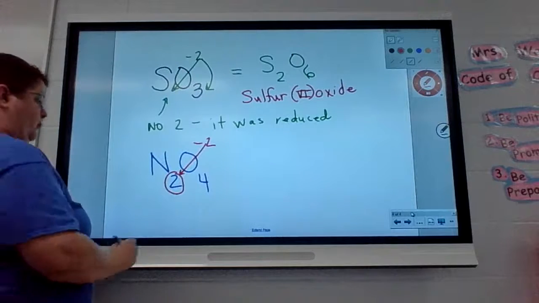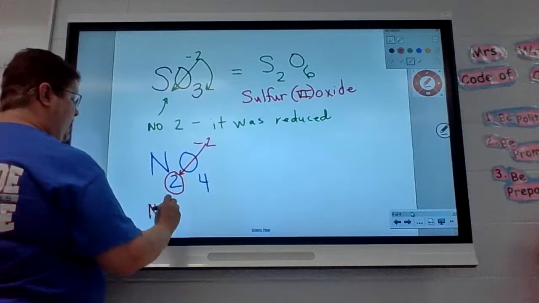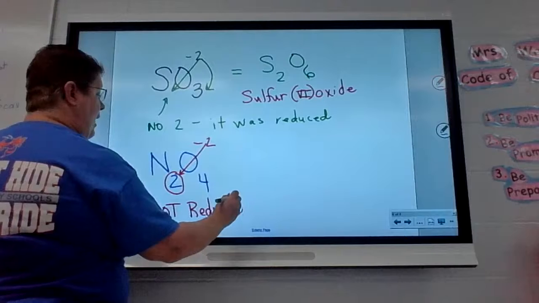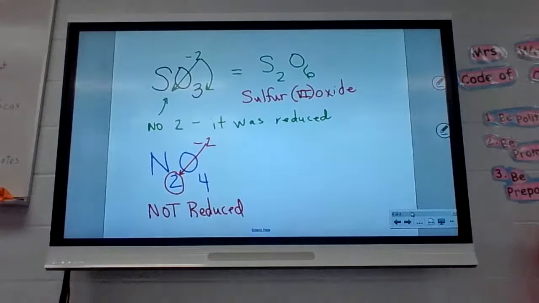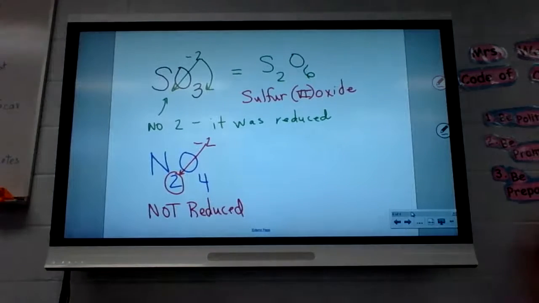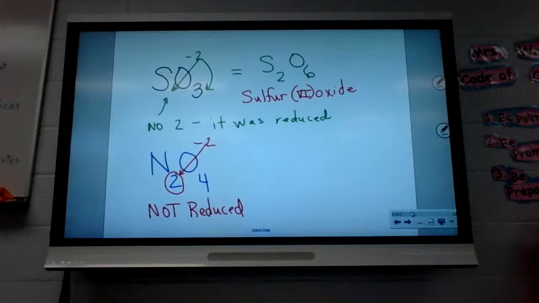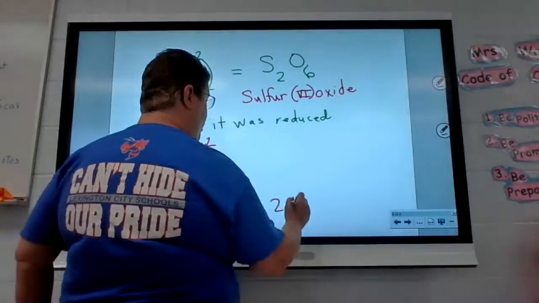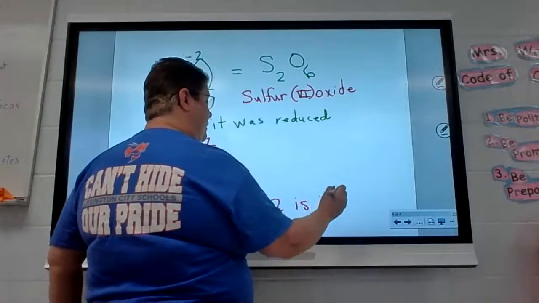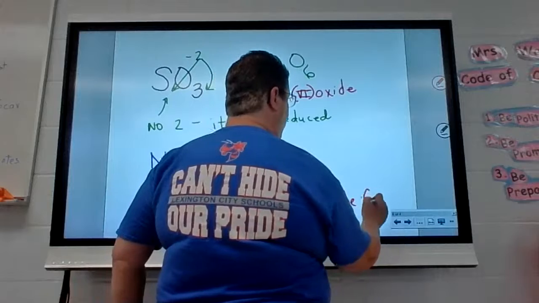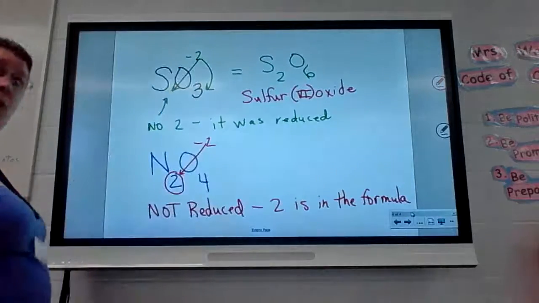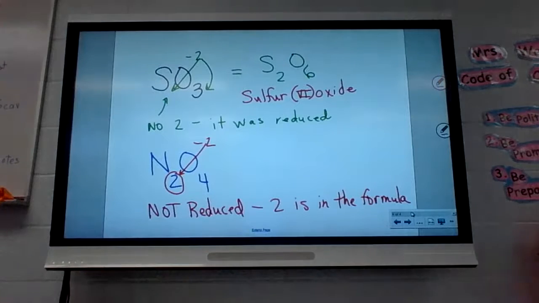I hear no. This one was not reduced. How do you know it was not reduced, for those people who said no? The 2 is written. It's there. The 2 is in the formula. Okay? This one was not reduced. It's still part of the formula. So it was not reduced.